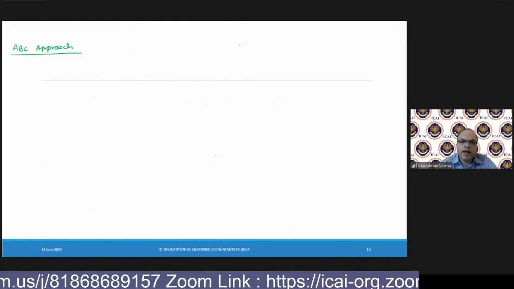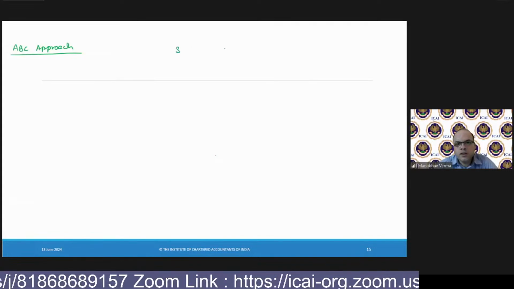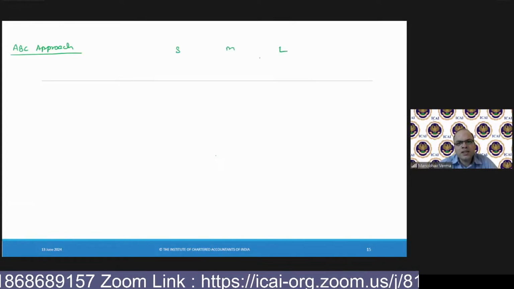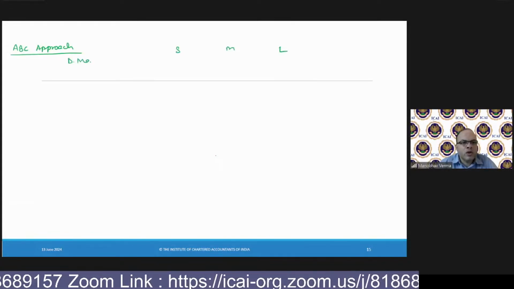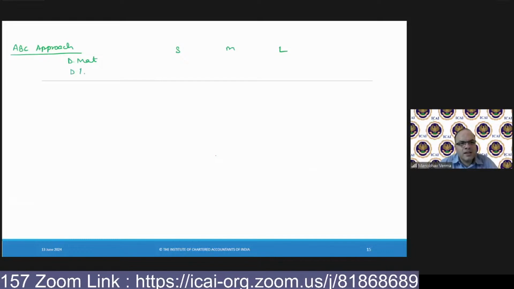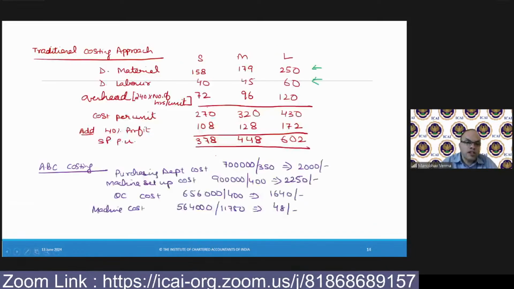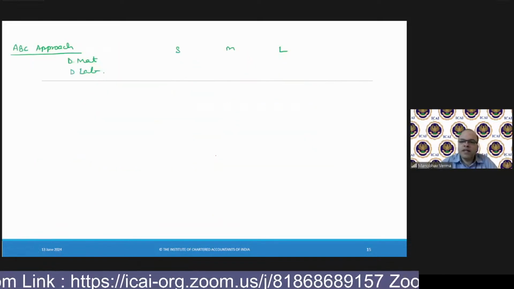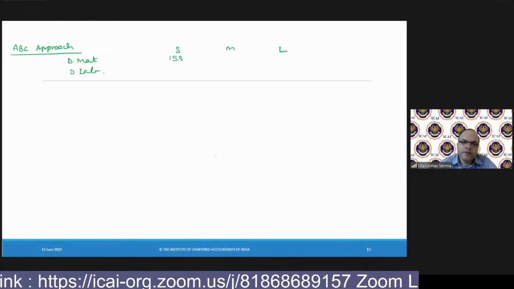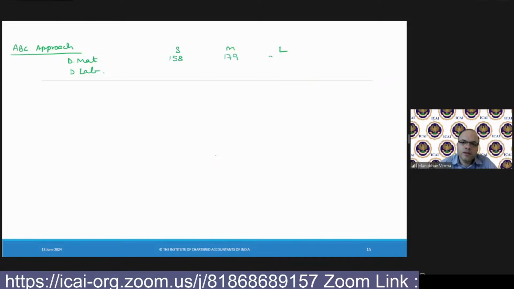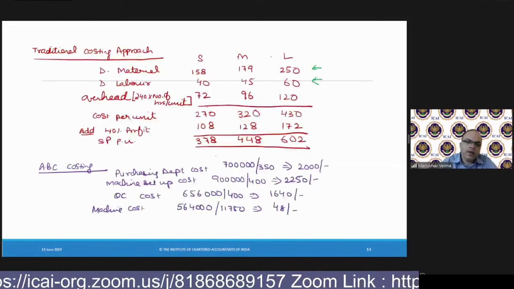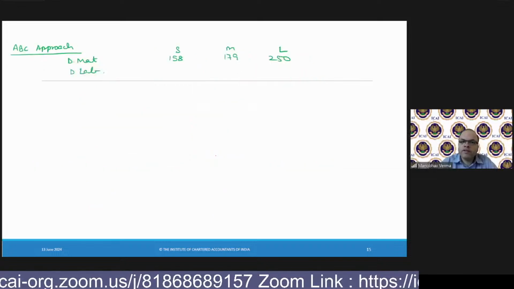And we're looking at S, M, L. Just as a side note, mention the material cost and the labor cost as it is. So we are not changing that, of course: 158, 179, 250. And the labor cost is 40, 45, and 60.